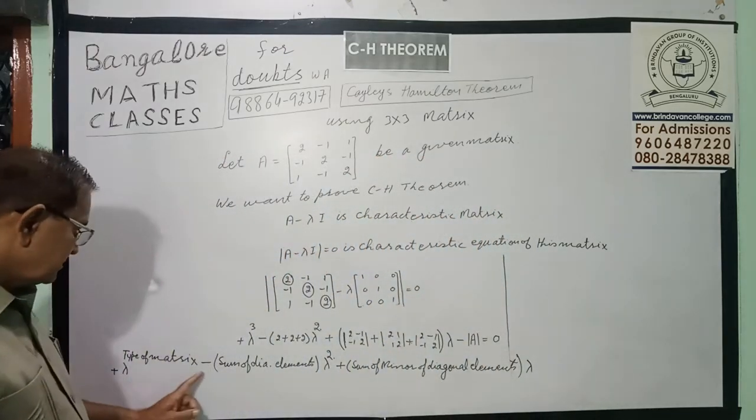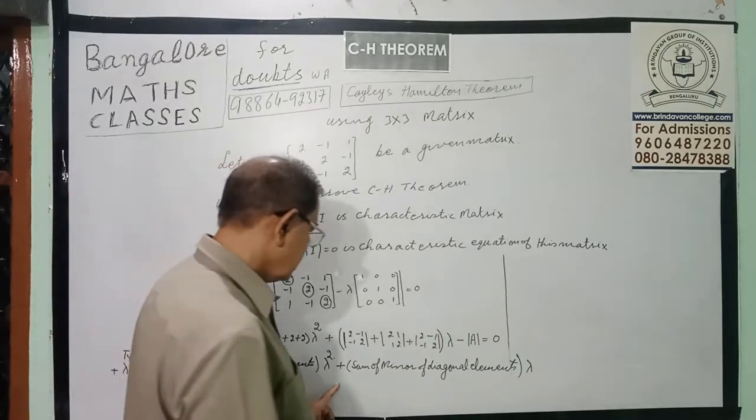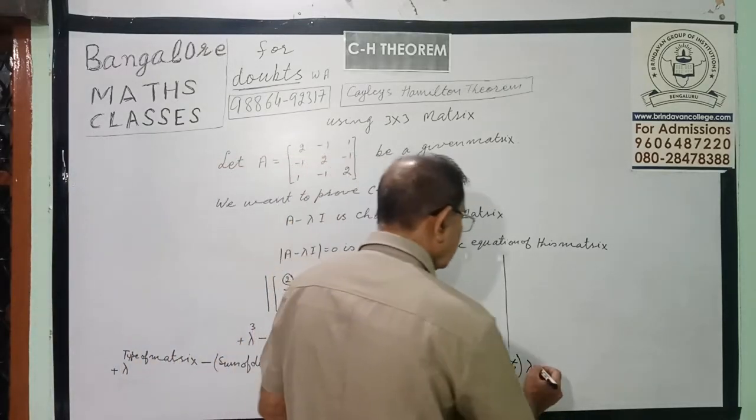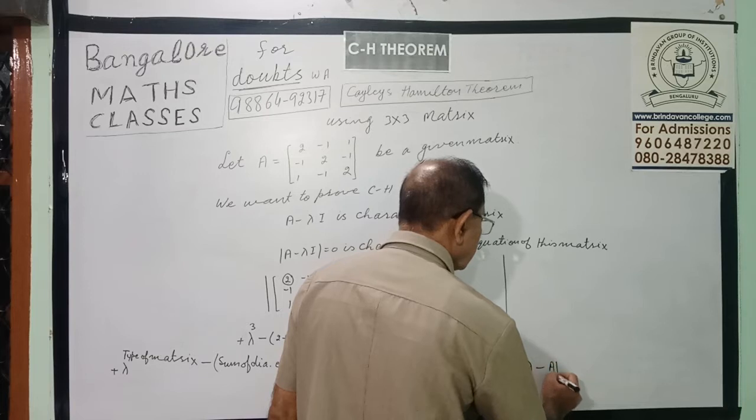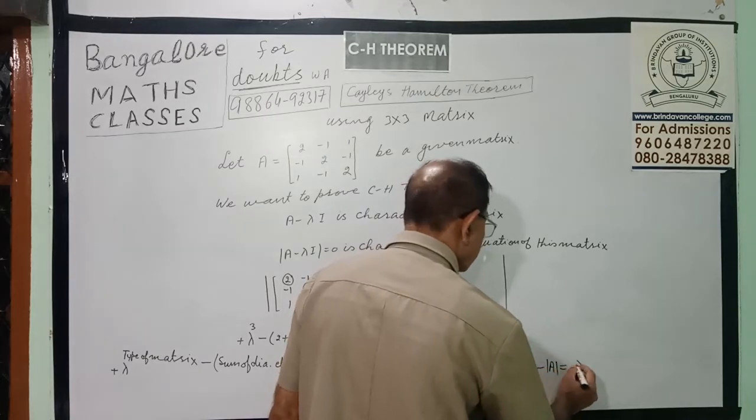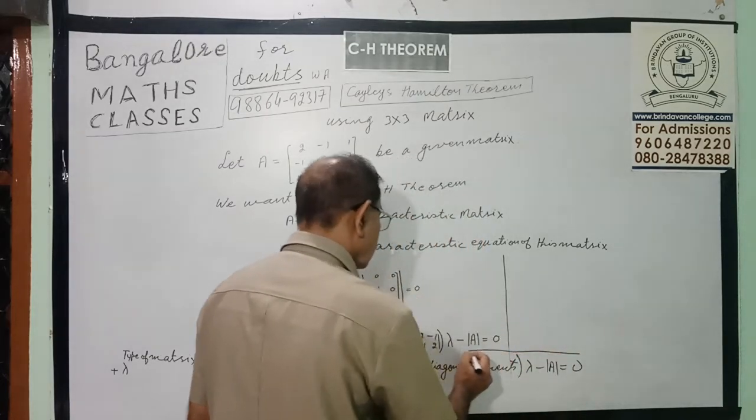See here, plus, minus, plus. Now it will come out to be minus the determinant of A equals 0. So that is the identity.